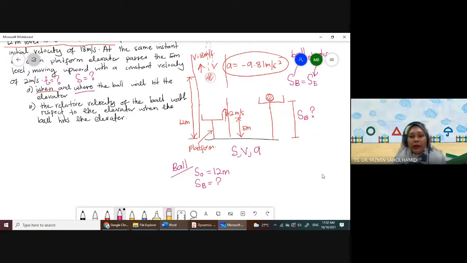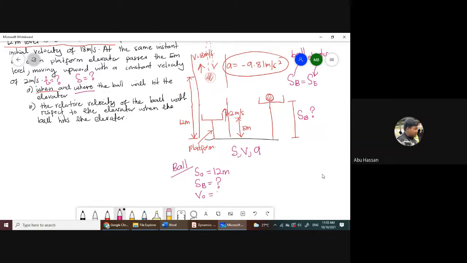What is the V naught of the ball, the initial velocity of the ball? 18 meter per second.